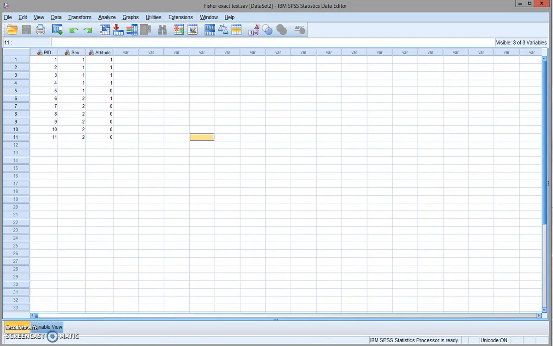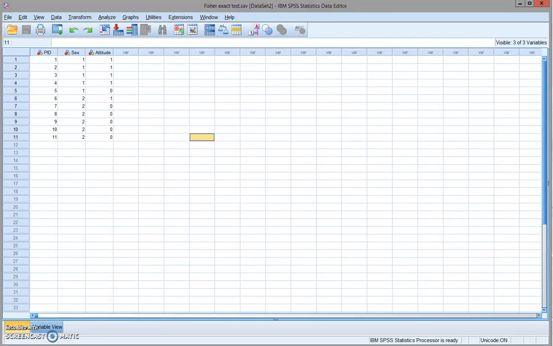I'm going to use the example from the textbook to show you how to conduct a Fisher exact test in SPSS. Here we have a very small sample of 11 participants, 5 men and 6 women. The goal of this research is to see if there is a gender difference toward their preparation to care for patients.